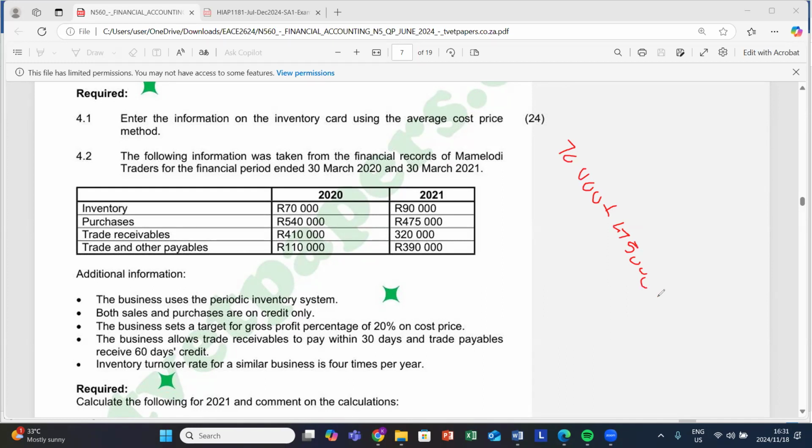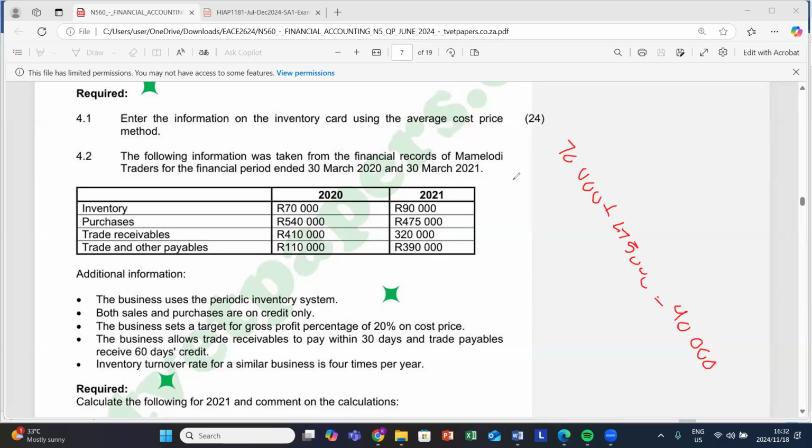So we'll only minus closing inventory, which was 90,000 rand. So let's insert it in our calculator to get our cost of sales. 70,000 rand plus 475,000 rand and lastly minus 90,000 rand.